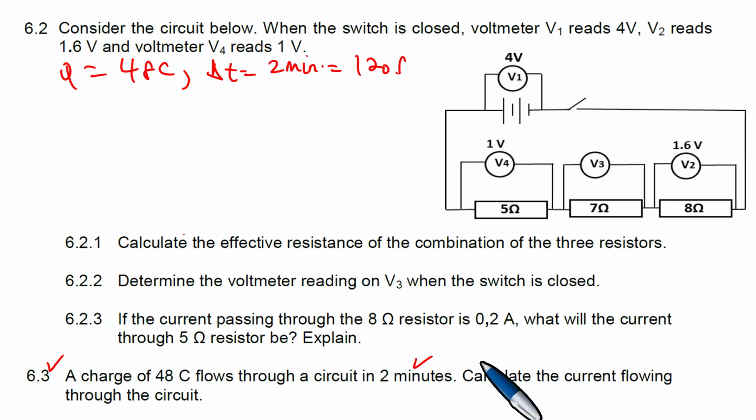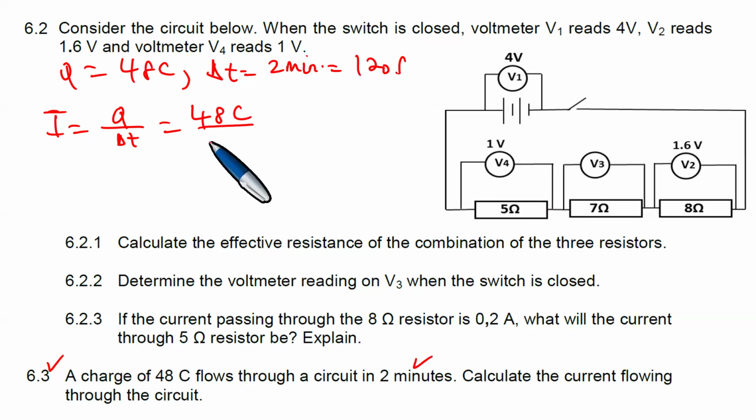Current is charge per unit time, so 48 coulombs divided by 120 seconds gives 0.4 amperes.